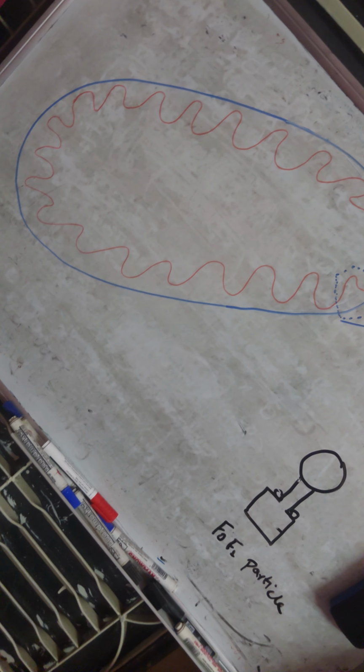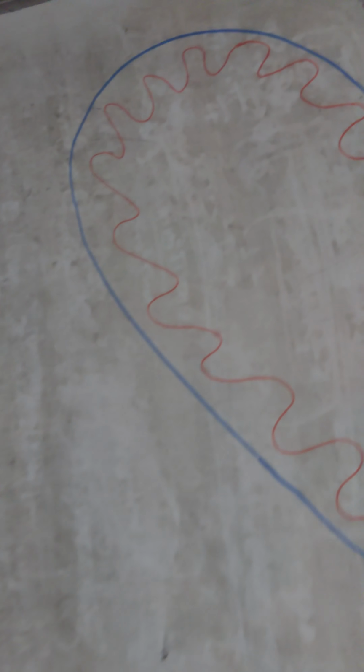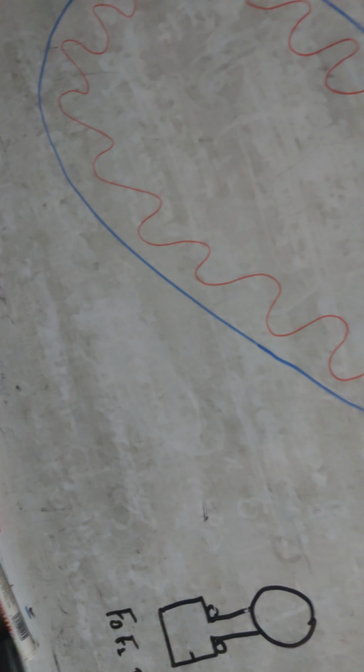If we look at the ultrastructure of mitochondria, it is a double membranous cell organelle, and wherever you find a double membrane, keep in mind that the outer membrane is permeable and the inner membrane is selectively permeable.